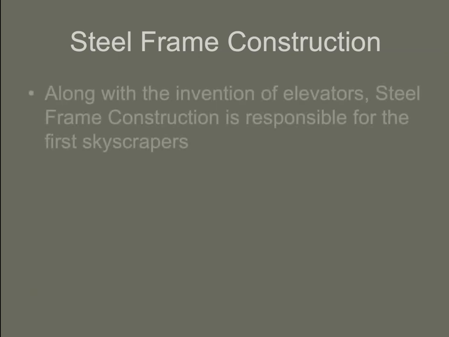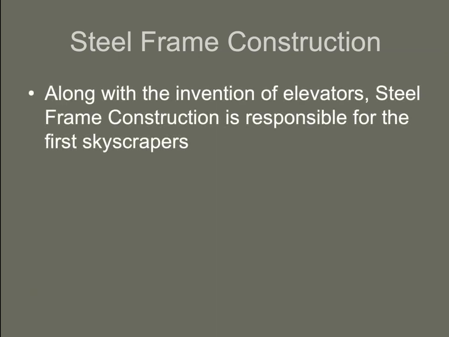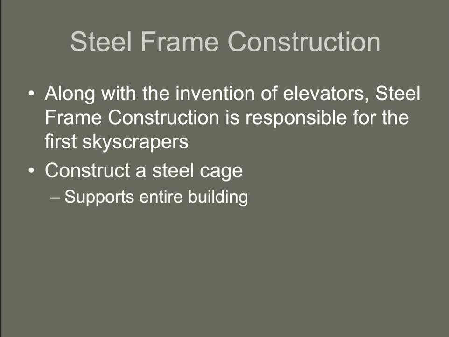Then we have steel frame construction, which was one of the inventions that made the skyscraper possible. The other one was the elevator. So first you construct a steel cage that supports the entire building, and then a sheath is added to it. So along with the invention of elevators, steel frame construction is responsible for the first skyscrapers.